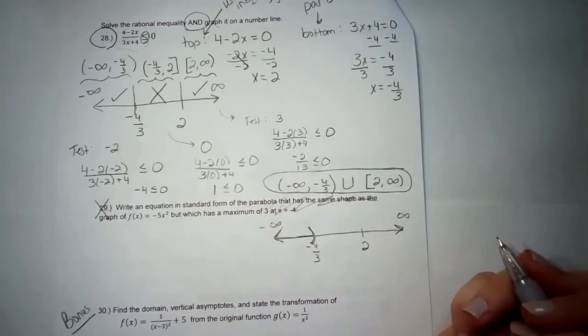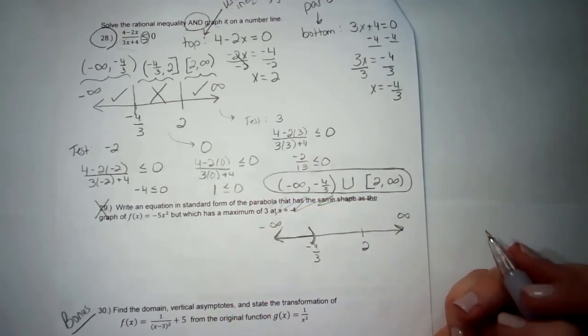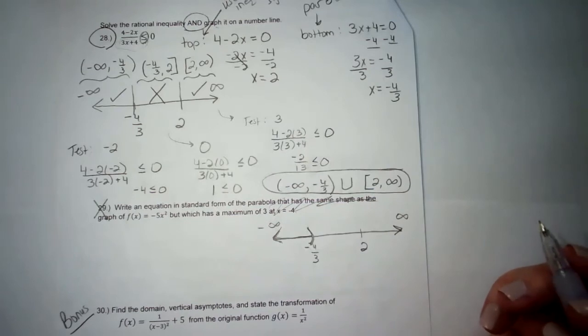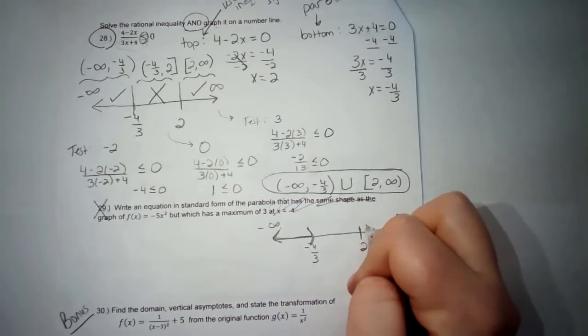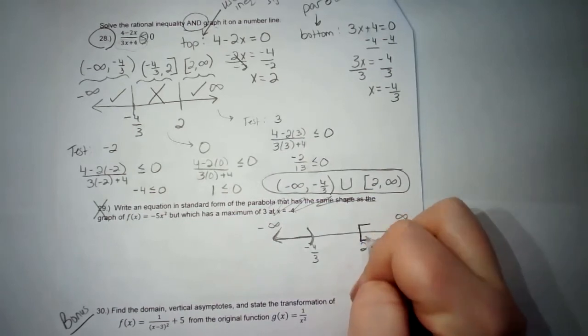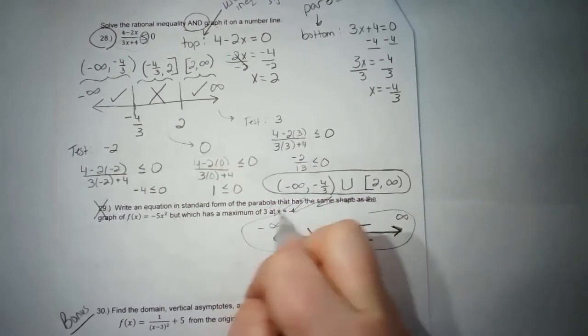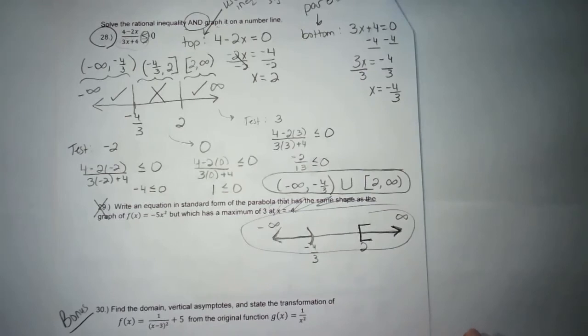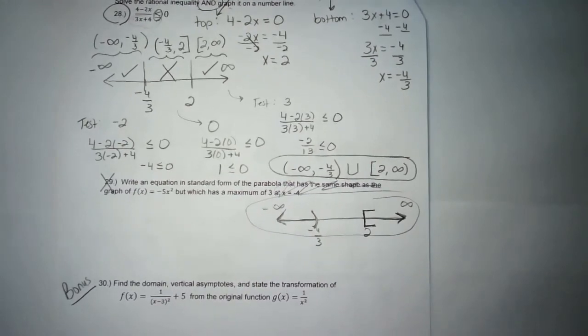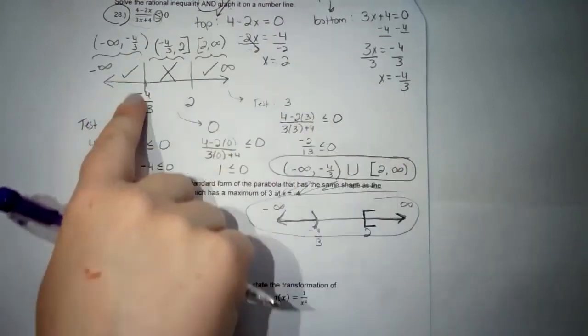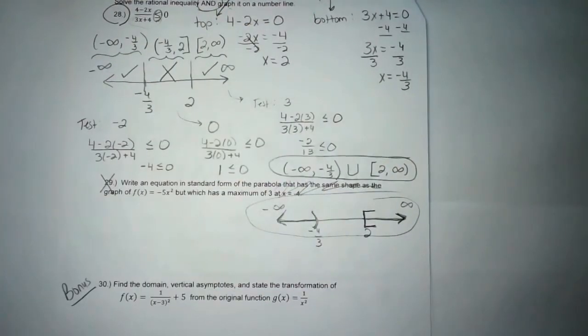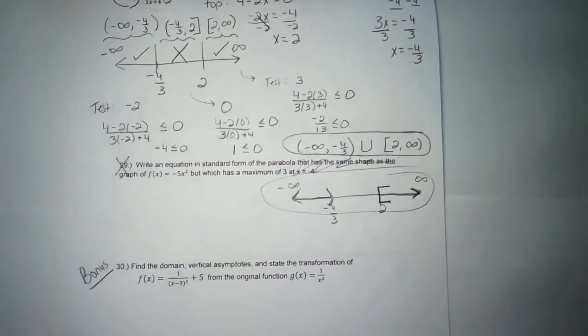So there's his graph. And then the 2 has a hard bracket, and it's facing this direction. So we put it on there, and then that's your graph. Like that. Perfect. That's it. It's not bad at all. Okay. The long part is having to do all these little tests. Yeah. That's the long part.